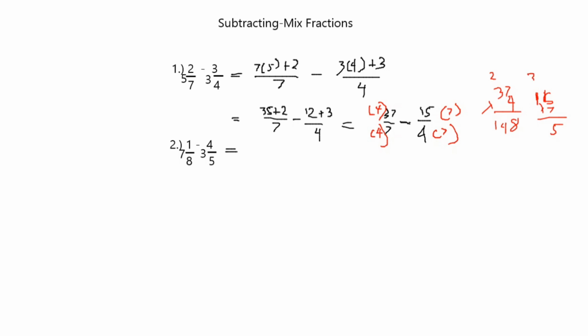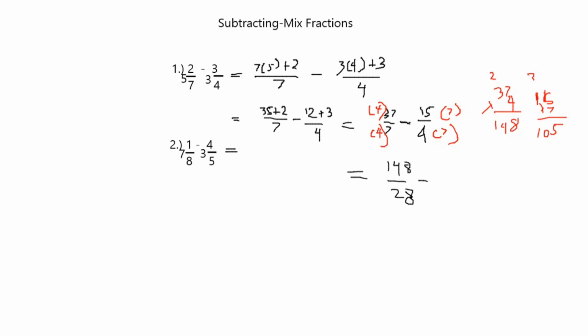7 times 5, 35. 7 times 1. Plus 3, that's 3, right? Then, okay. So that's it, we have 148 and 105. So I'm just going to write 148 here over 28.